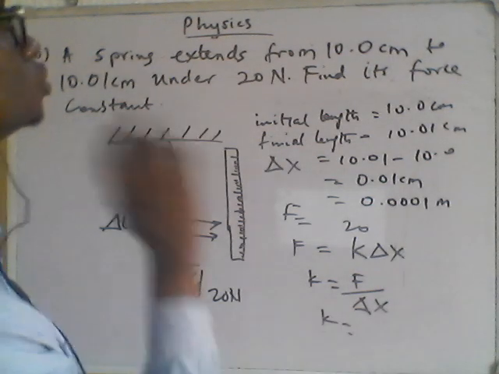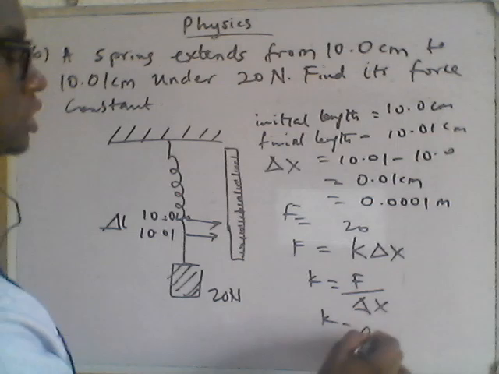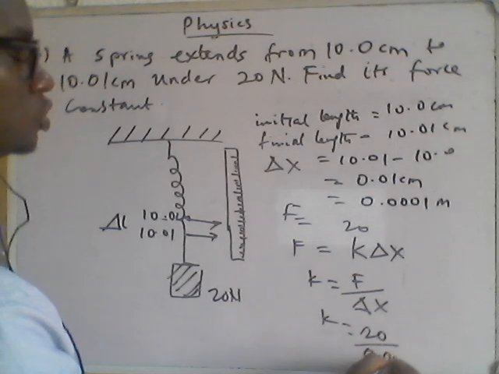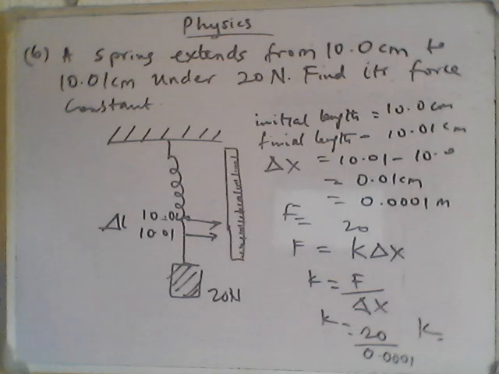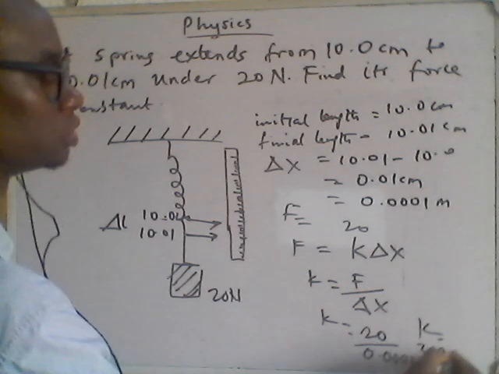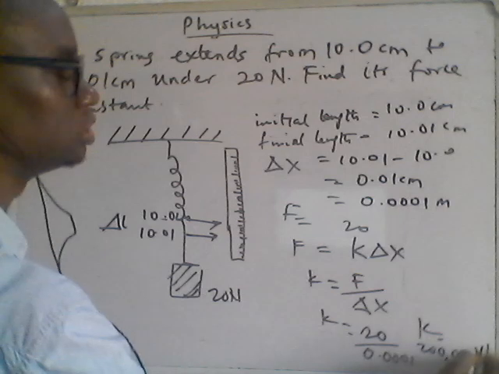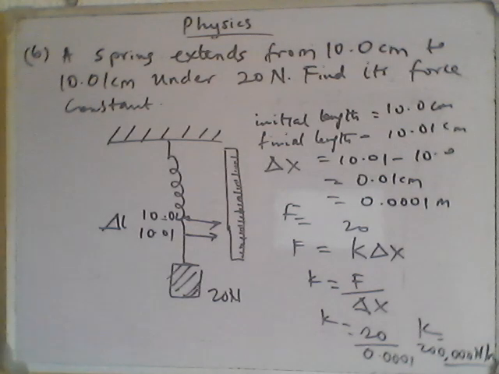K is equal to 20 over 0.0001. And K will give me a very big value, 200,000 Newton per meter. That's the unit, Newton per meter.